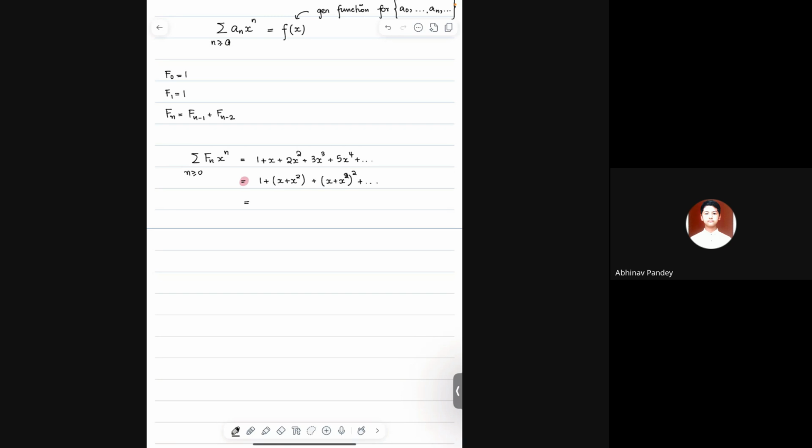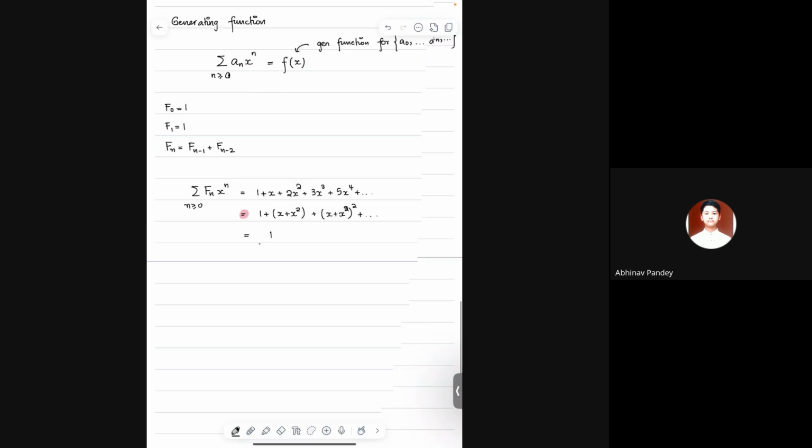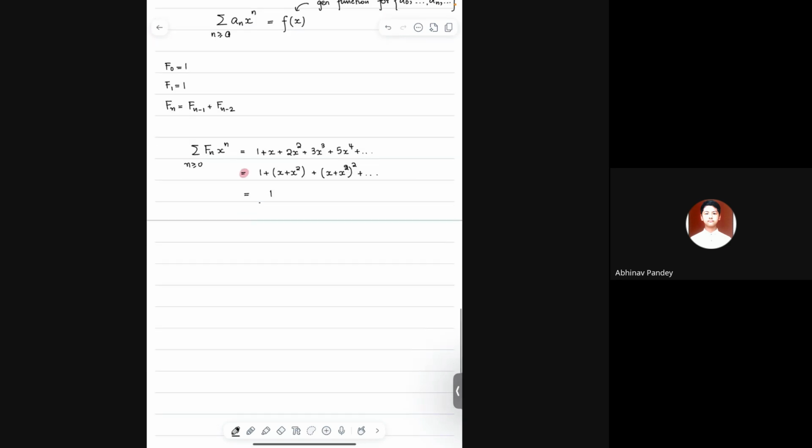So now this is an infinite sum. I haven't been very specific about convergence and stuff, but you can assume that x is small and there are no convergence issues.